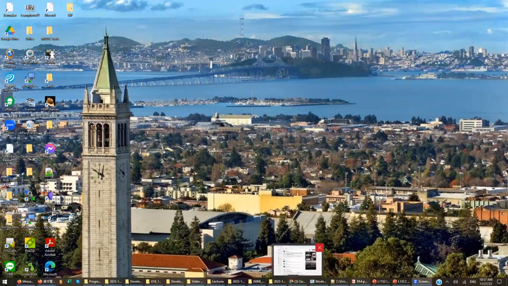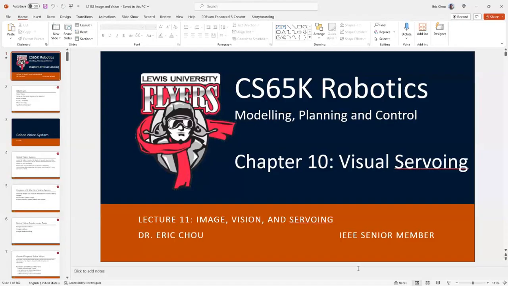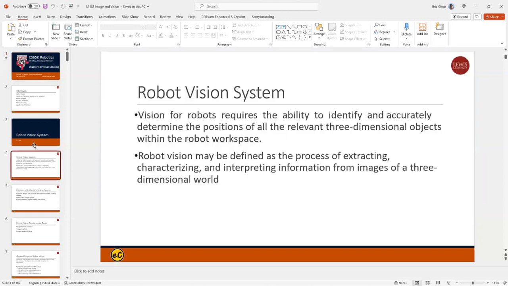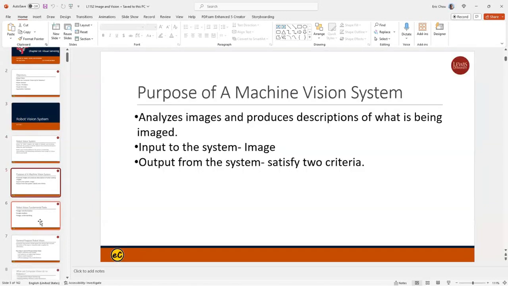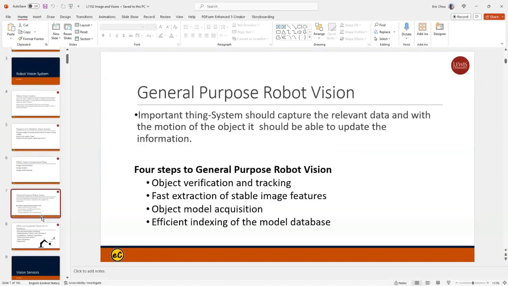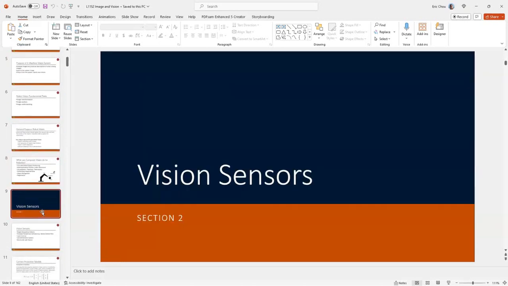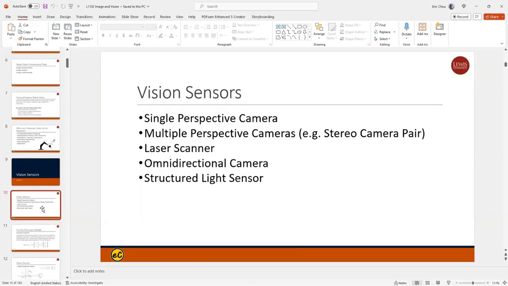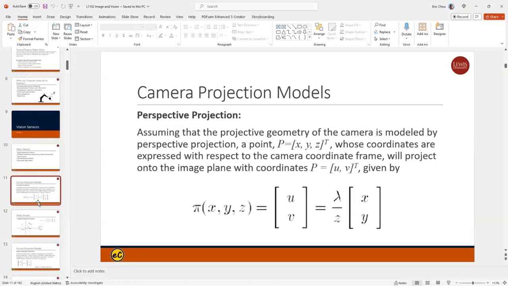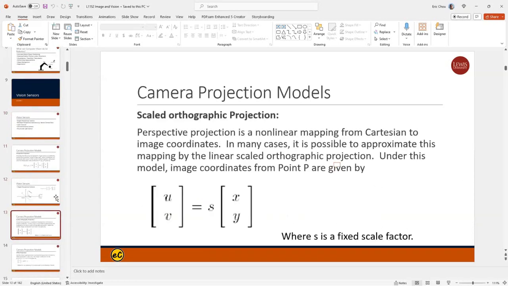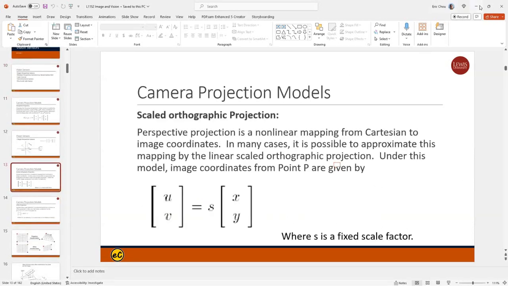So those are actually computing more the back end. The image and vision and servo, these are for lecture 11, these are for the sensing part. So this portion, I don't spend too much time because image processing and video processing is a separate domain. So this one, you build different models. We don't emphasize this one.